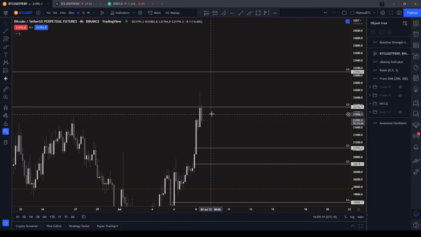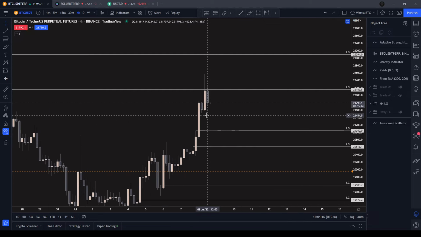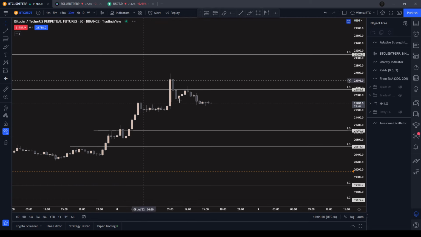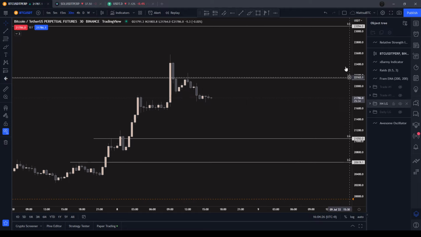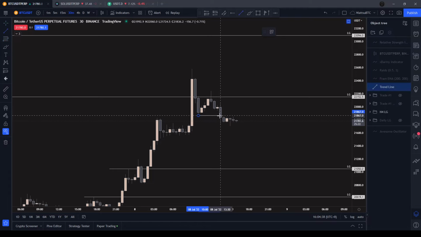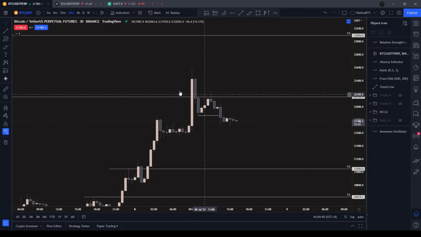If you want to short this move, I guess you can up until 21,282. You just have to move on the 30-minute time frame or the 5-minute time frame if you want. So here we can see a change of character.